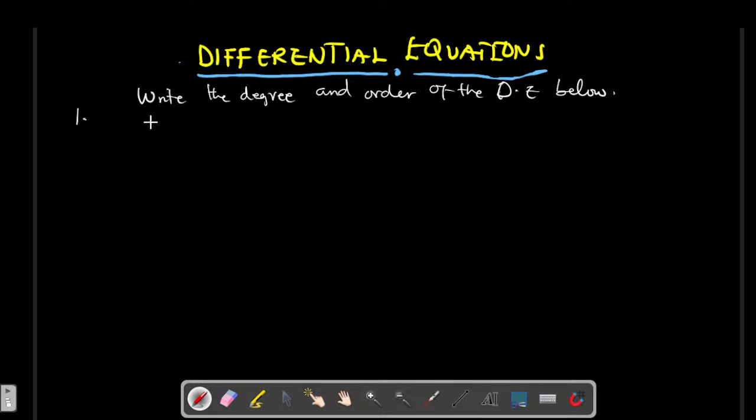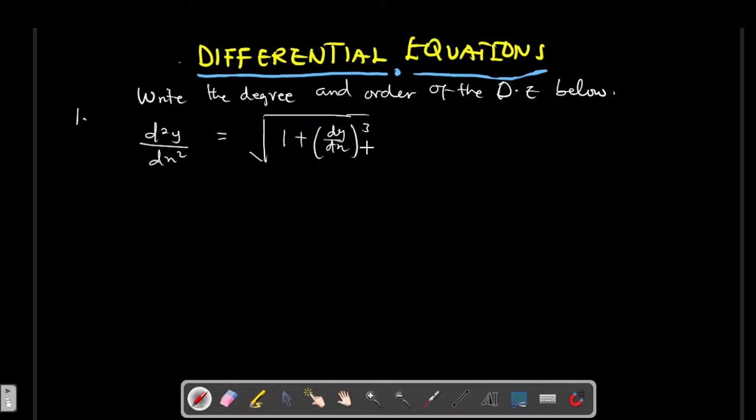The first differential equation we are considering is d squared y over dx squared equals the square root of the expression 1 plus dy over dx all cubed. So we have to find the order and the degree of this differential equation.